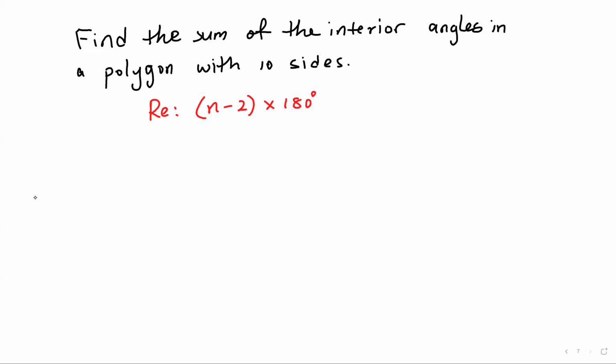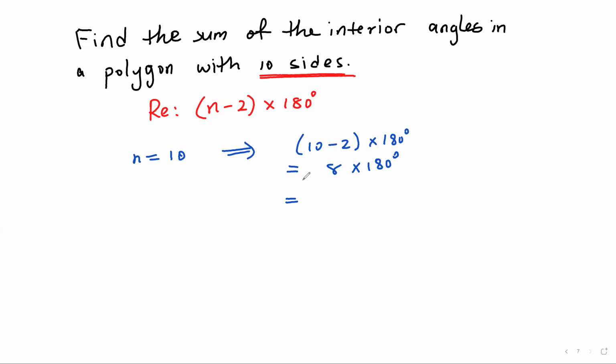If this polygon has 10 sides, it means that n is equal to 10. So applying it in the formula, it would be 10 minus 2 multiplied by 180 degrees. 10 minus 2 is 8. So 8 times 180 degrees is 1,440 degrees.